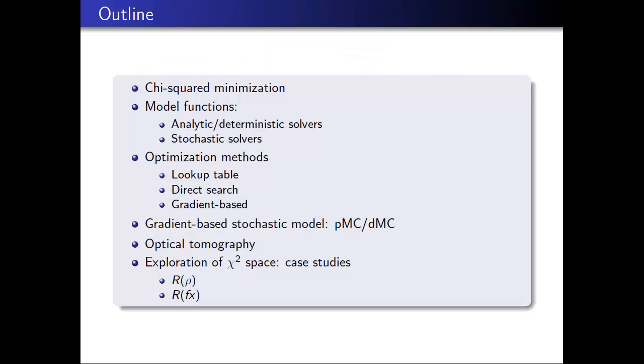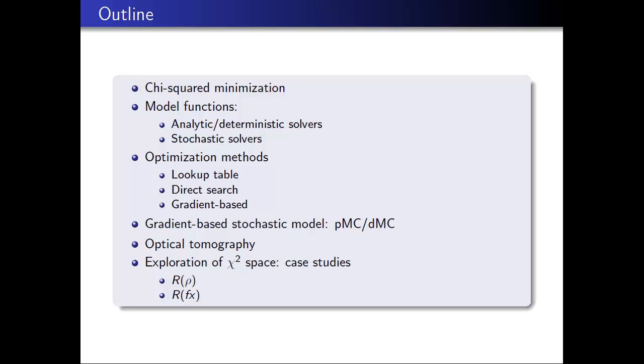So for this presentation, I'd like to describe what's involved in determining these optical properties. It involves a chi-squared minimization, looking at some model functions, both analytic, deterministic solvers, and stochastic solvers. Some optimization methods. You heard about the lookup table. Also, there's direct search methods, and then gradient-based methods. What advantage do you have when you have gradient information?